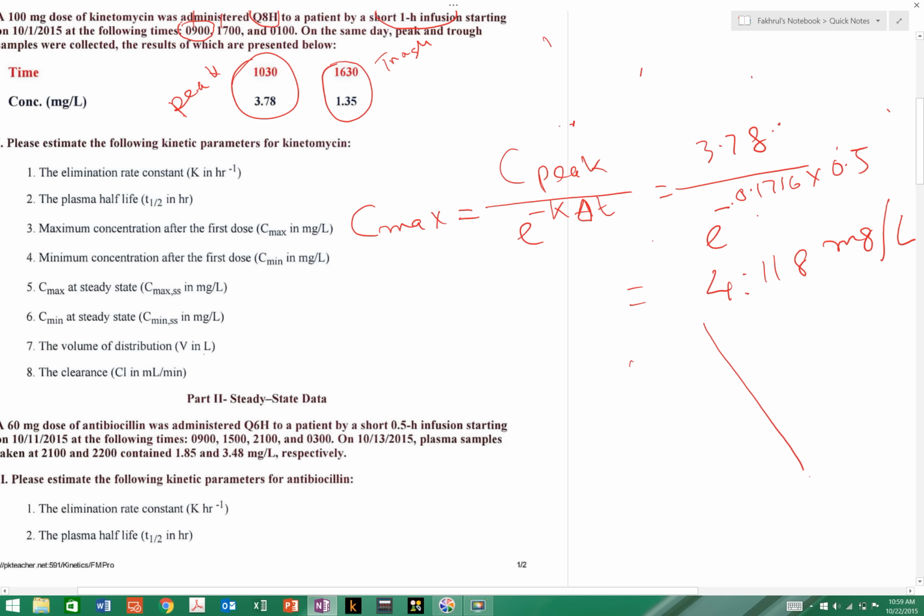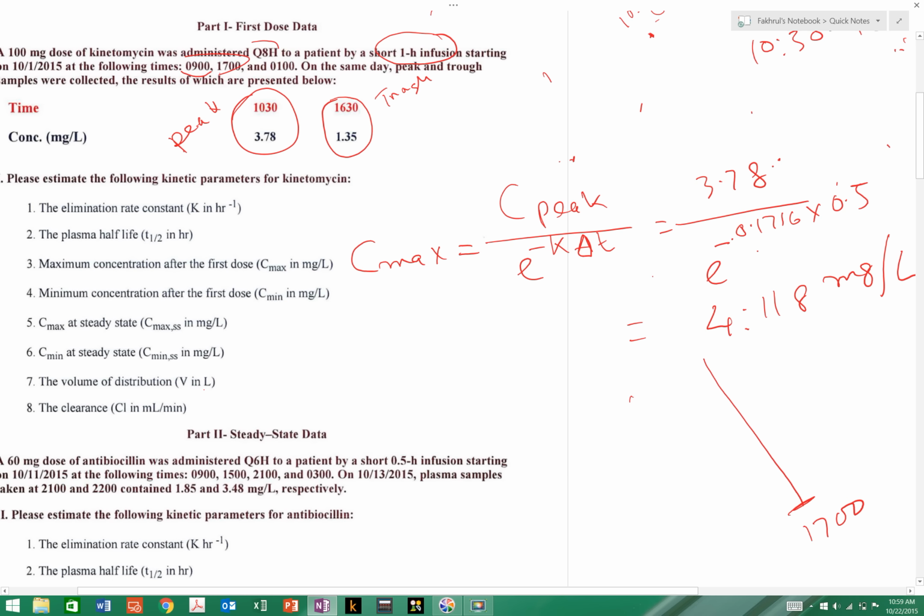You know that the dosing interval ends at 1700. Always look at what time the dosing interval ends. The end of the dosing interval is when your Cmean should be, and then you took the trough sample at 1630.